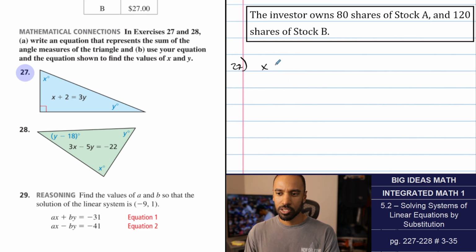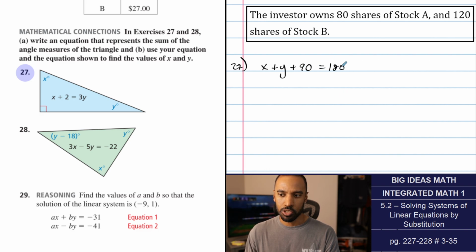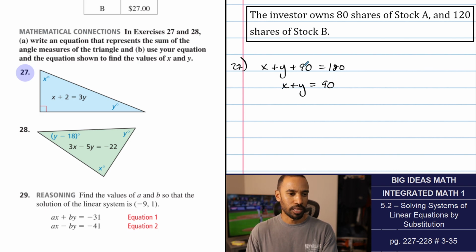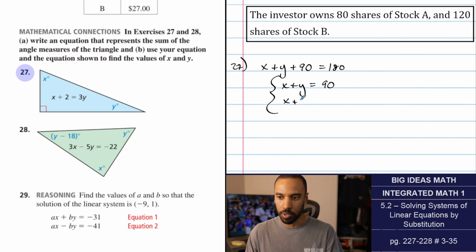So x, y, and the 90-degree angle total add to 180. If I subtract 90 over, soon you'll learn that the two acute angles in a right triangle also add to 90. Anyway, there's one equation. Now, the other equation in the system is x plus 2 equals 3y.